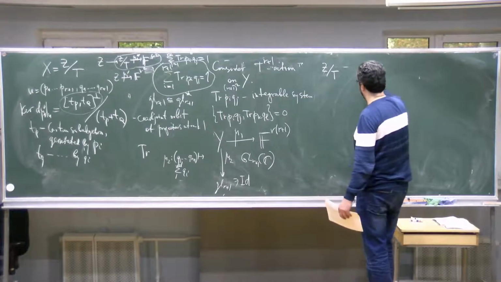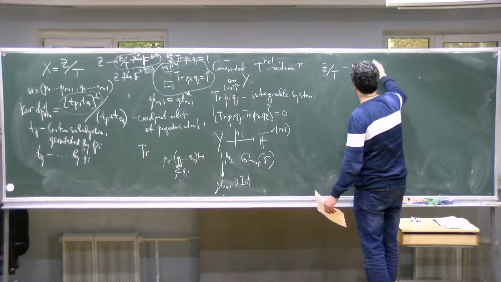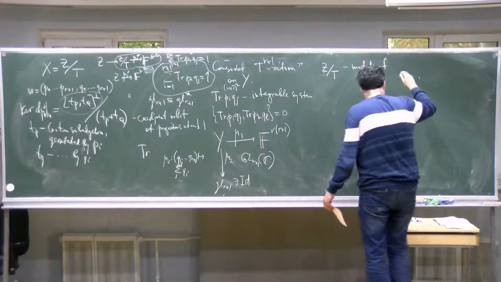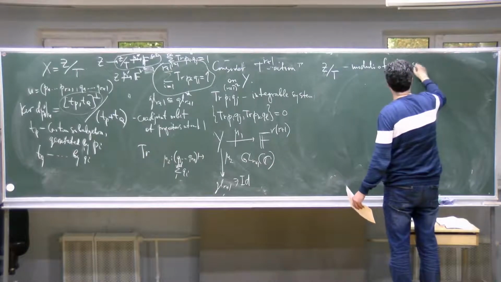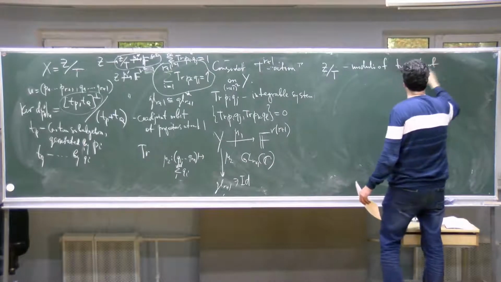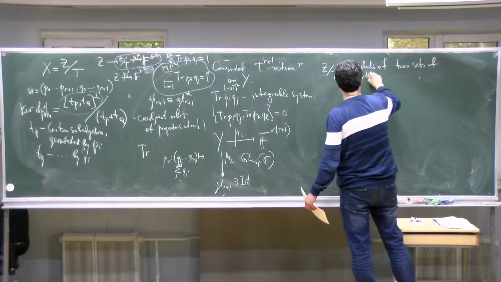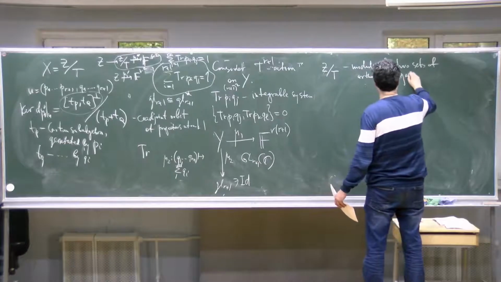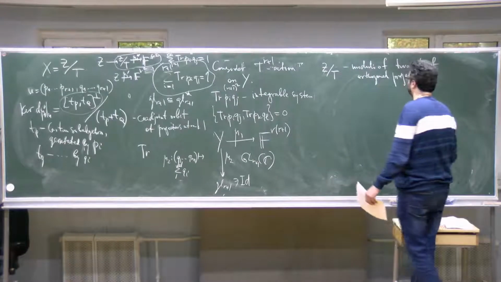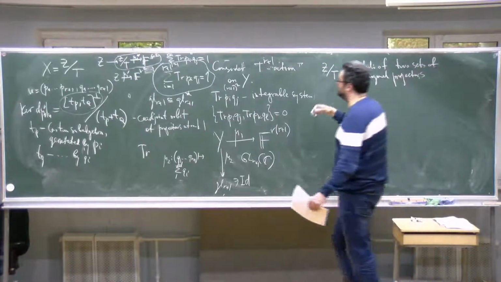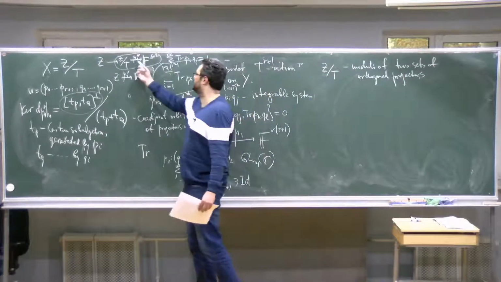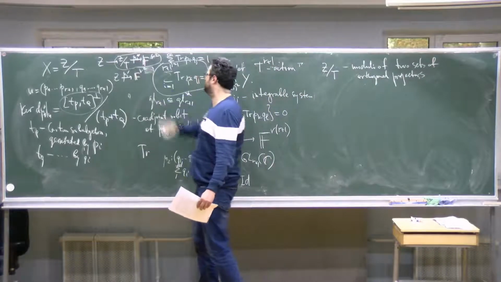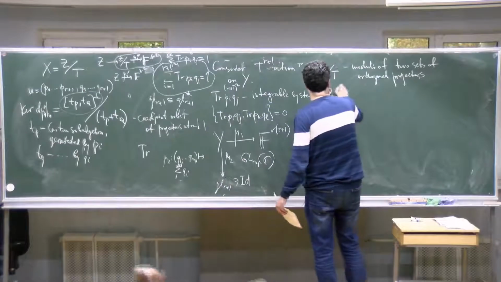It's moduli of two sets of orthogonal projectors. How is this map mu1 2 prime defined?